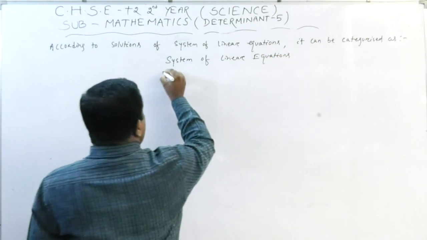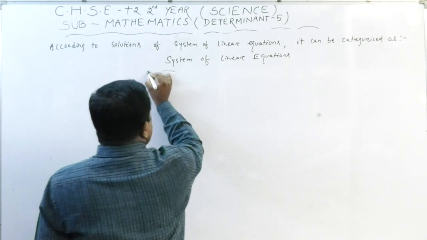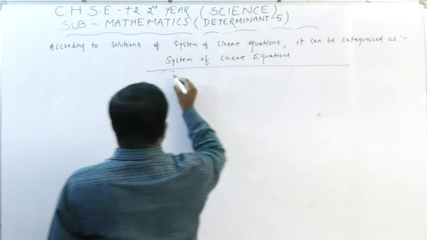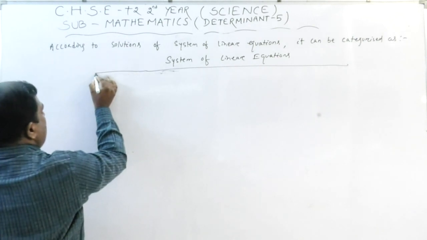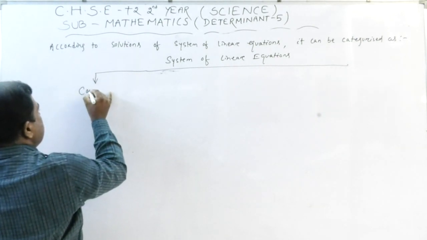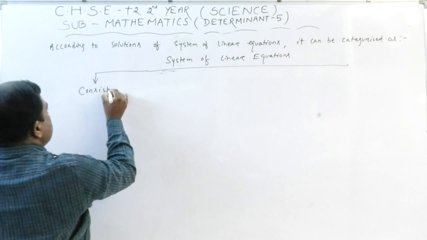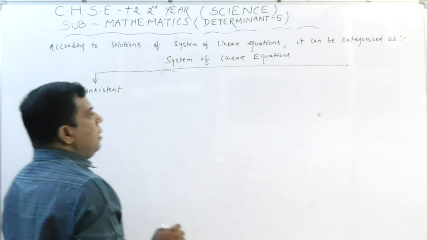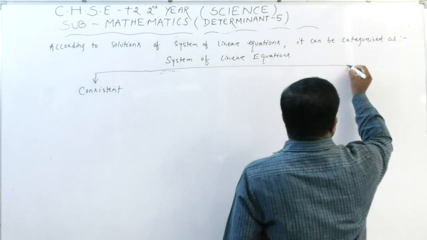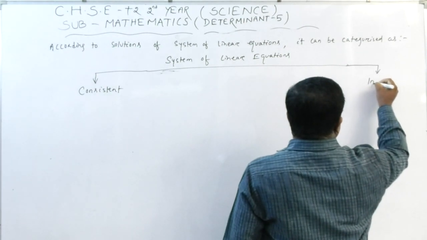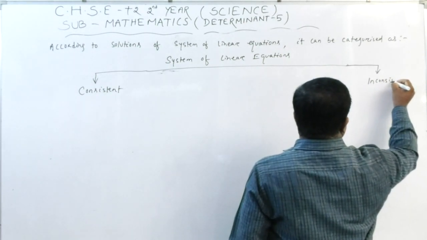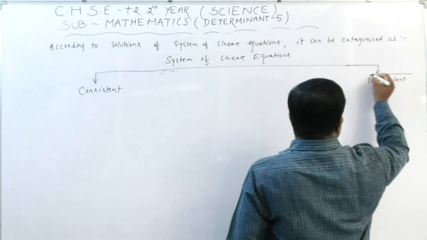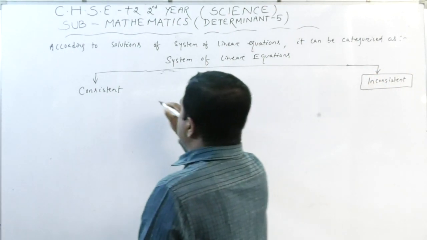If we are going to find those systems, according to the solutions it is categorized in two parts. One is consistent, and another is inconsistent. Okay, dear students?